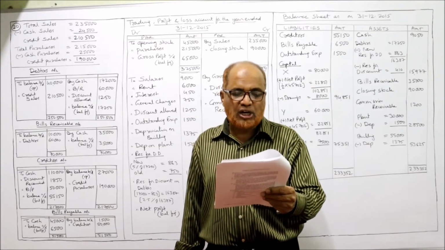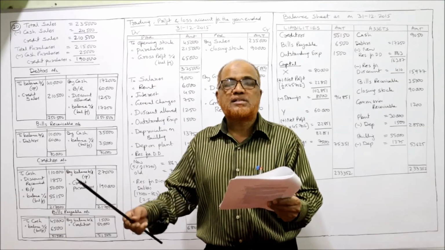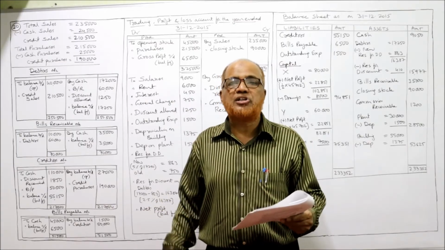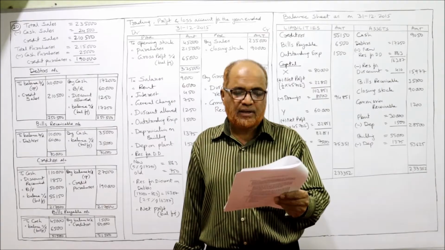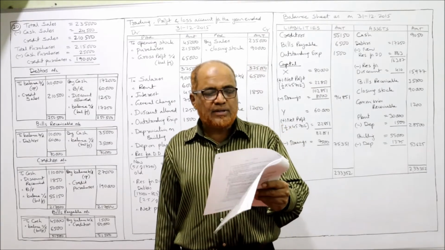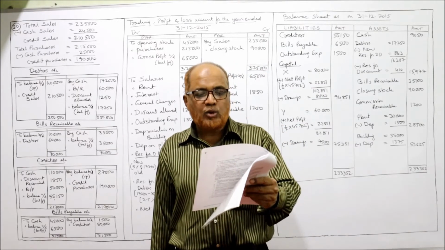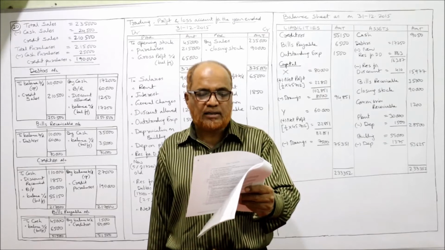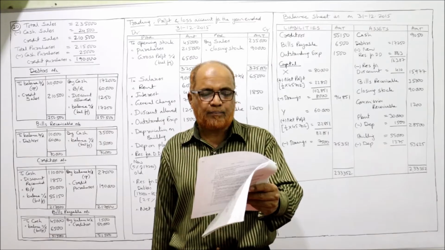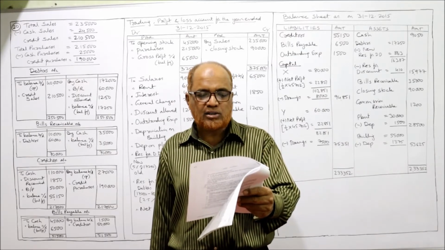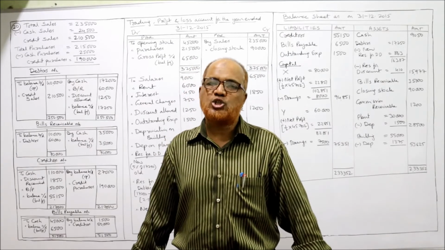Then owing for commission earned by the firm, that means commission has been earned but not received. Accrued commission, commission receivable is 1,200. Provide 5% reserve for doubtful debts and 2.5% discount on debtors. And depreciate building 2.5% and plant 5% per annum. You are required to prepare the trading profit and loss account and balance sheet as usual.